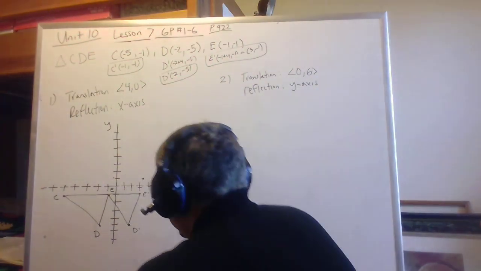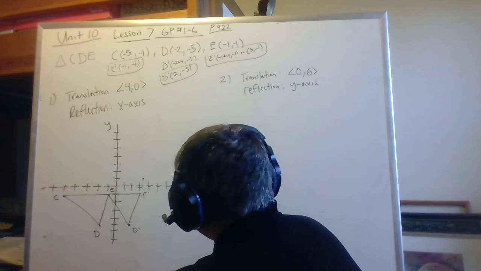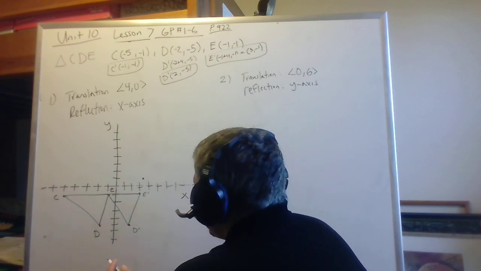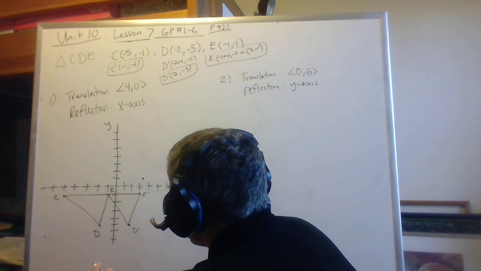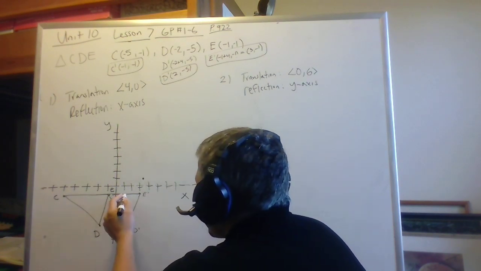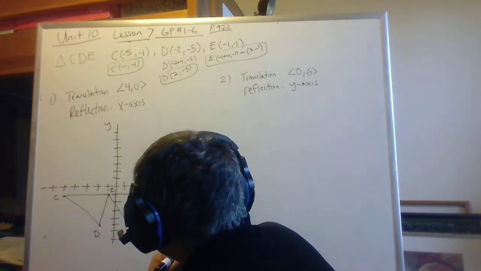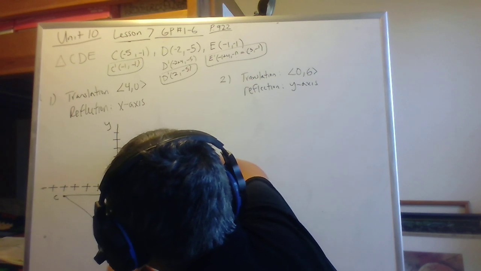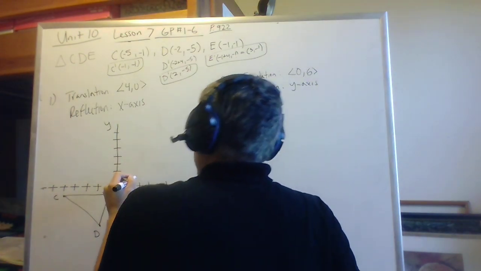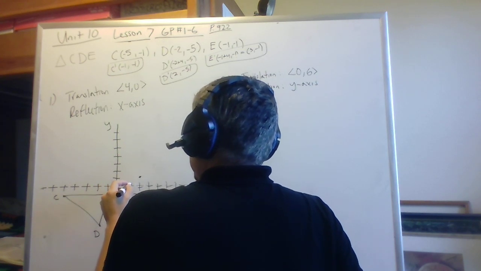And our D prime, since it's at 2, -5, it's going to be reflected, so basically, instead of at 2, -5, when we reflect it across the x-axis, it's going to be at 2, 5.